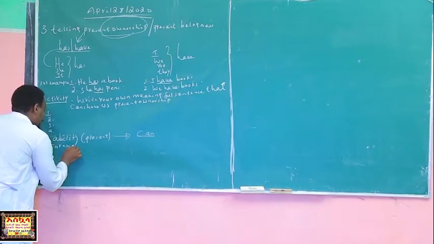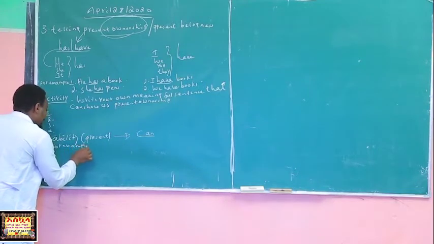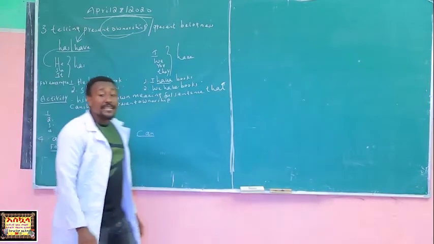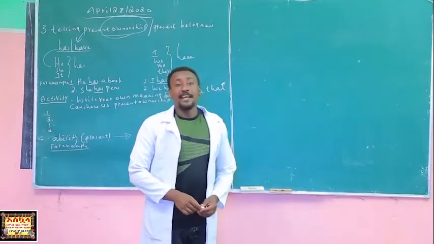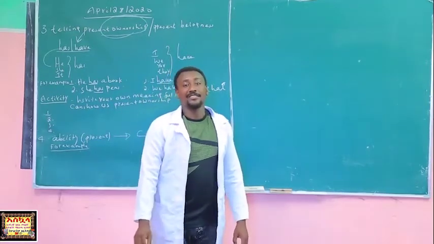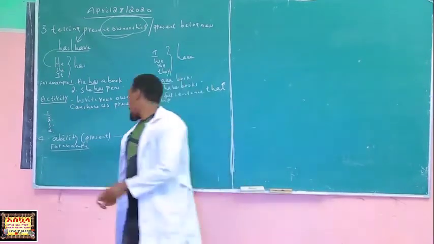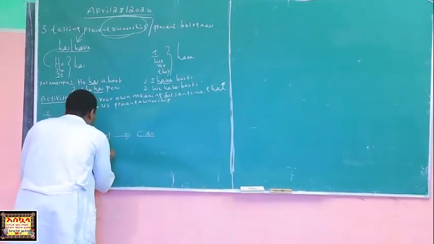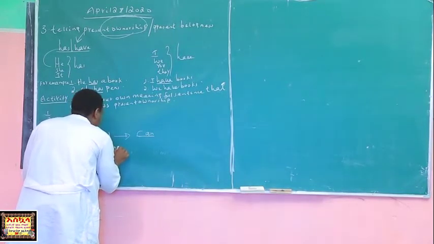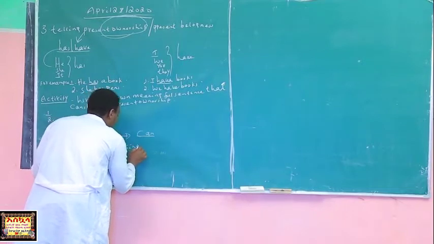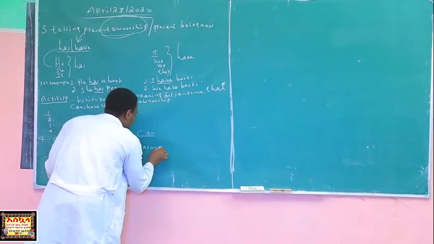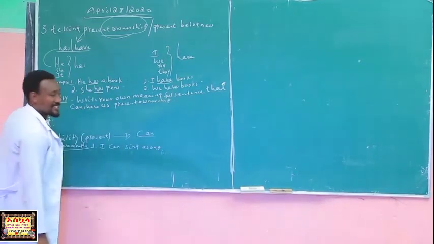Say it after me. Ability. Good. So, I can sing a song. That's present ability.